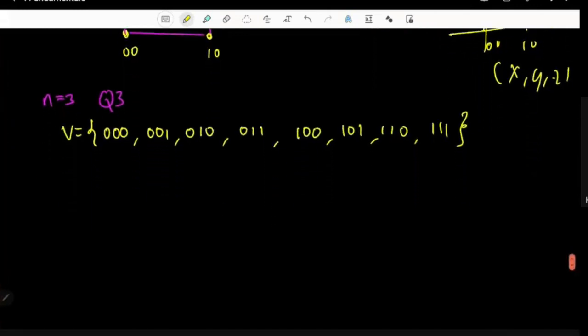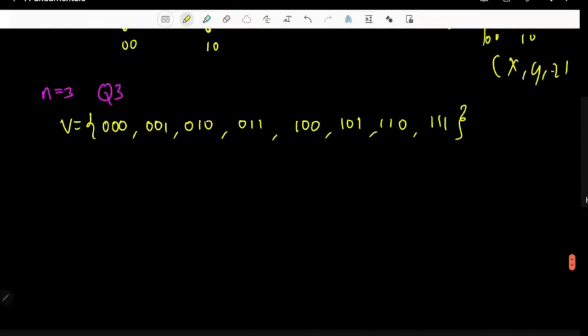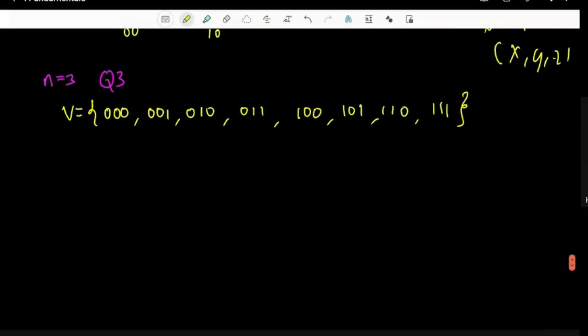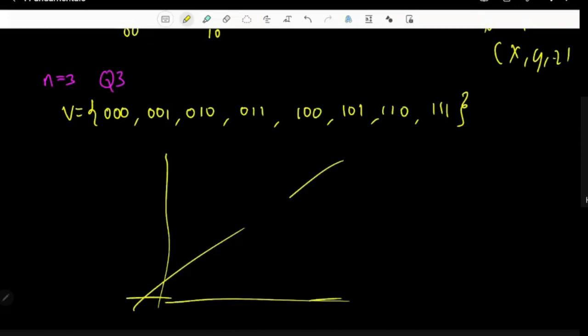So let's try to construct these 8 vertices as a 3-dimensional coordinate system. So let me draw a guide that we can follow later. 3 coordinate system. Kasi these are just simply the coordinates 0, 0, 0, 0, 0, 1, and so on.